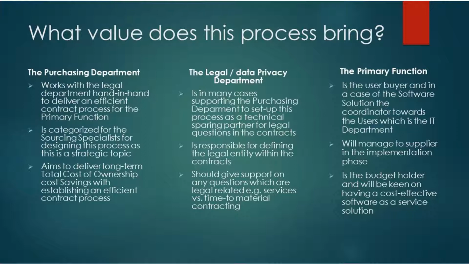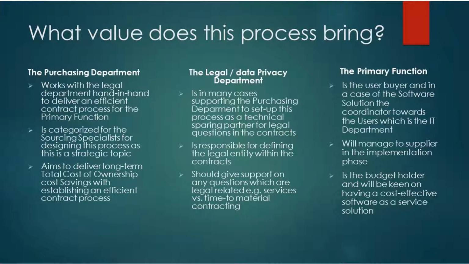Here is the budget holder. This means they are the holder of the budget, they have the budget in place, and they will be keen on having a cost-effective software. As they're the ones that will be mostly responsible for having the signatures within the budget process and will be in the lead, they also need to tell you if there is even a budget in place and what the probabilities are of the budget going to be in place.